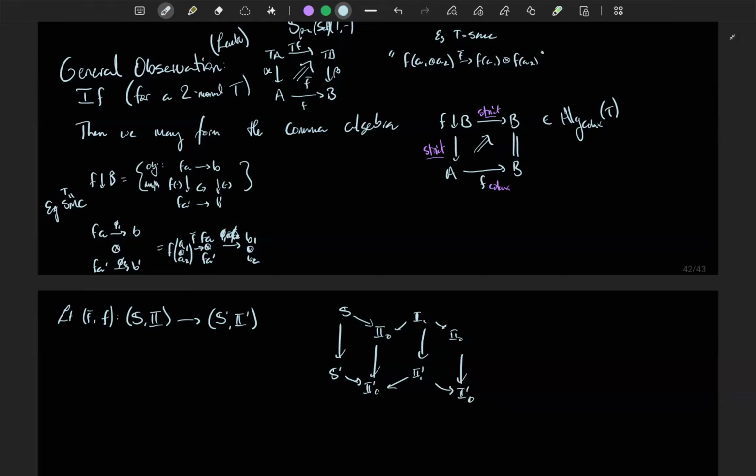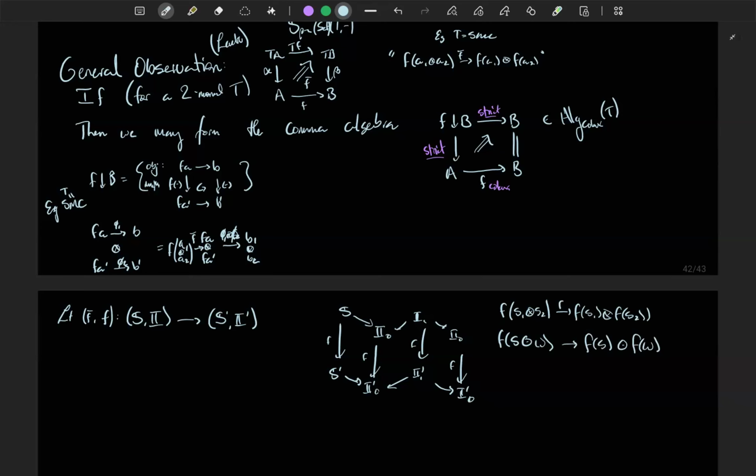So what does that mean? Let me call all of these f's. We have f of s1 tensor s2 to f of s1 tensor f of s2, but we also have things like f of s dot w to f of s dot f of w, and so on.